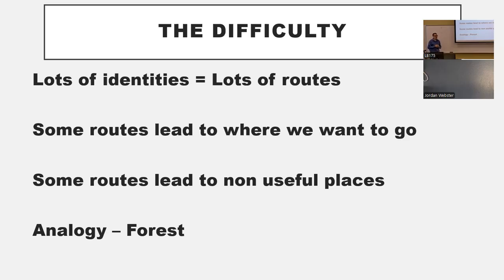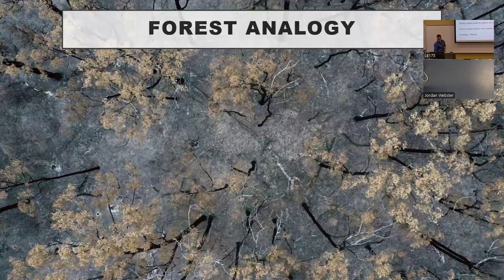The analogy that I use is like being in a forest. I want to go from point A, let's say on one side of the forest, to point B on the other side of the forest. And let's imagine that this forest doesn't have a nice paved path through the middle of it, like a lot of parks do. This is an actual forest where a lot of people aren't in all the time.